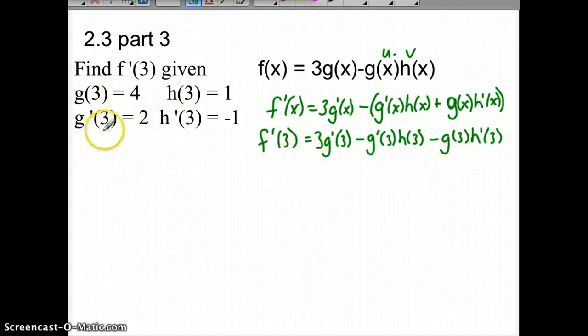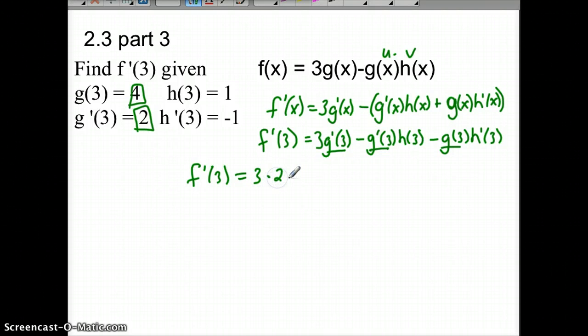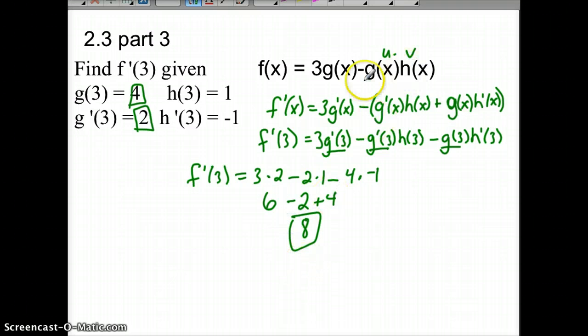And over here are the values, like g prime of 3 is 2, so that's going to go here and here. g of 3 is 4, so that's going to go here, etc. So f prime of 3 is 3 times 2 minus 2 times 1 minus 4 times negative 1. 3 times 2 is 6, minus 2 times 1 is 2, minus 4 times negative 1 is plus 4, so the answer is 8. So whatever rule they have up here, take the derivative of it.